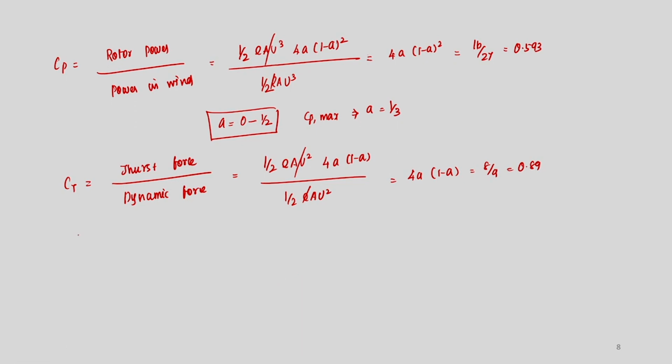And also we had seen, related to wind rotor, there are certain other coefficients. So, the first one is lift coefficient, which is called CL, which is nothing but FL upon half rho A u square. So, what is this FL?